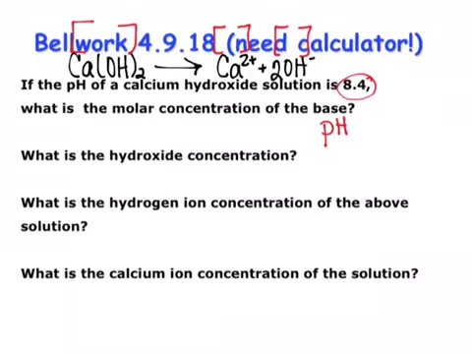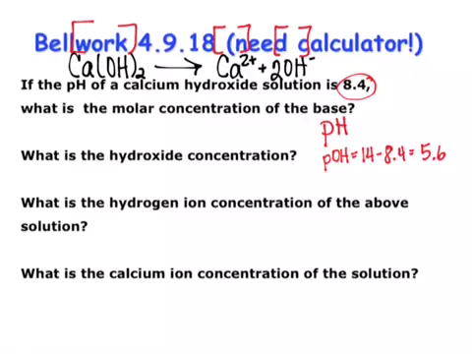So first of all, if I'm dealing with a base, but I have a pH, what do I need to do first? Find pOH, and pOH is going to be equal to 14 minus my pH, which is 8.4. So when we do that, we get 5.6. So we know the pOH is 5.6. So now I can use my pOH to find my concentration of OH.